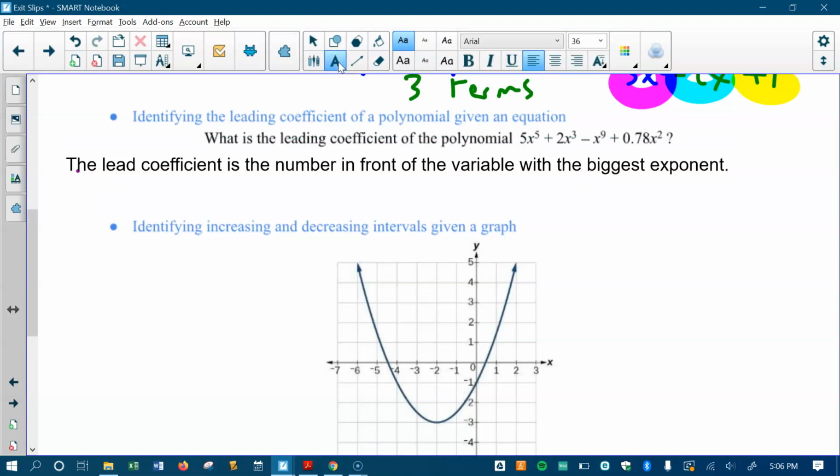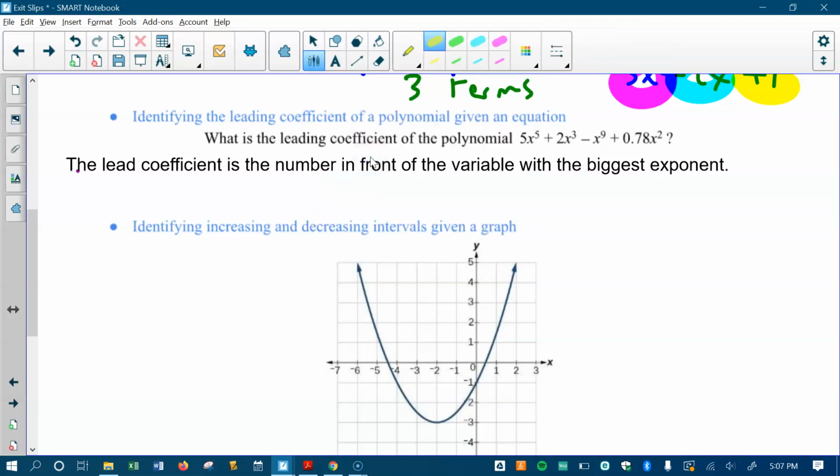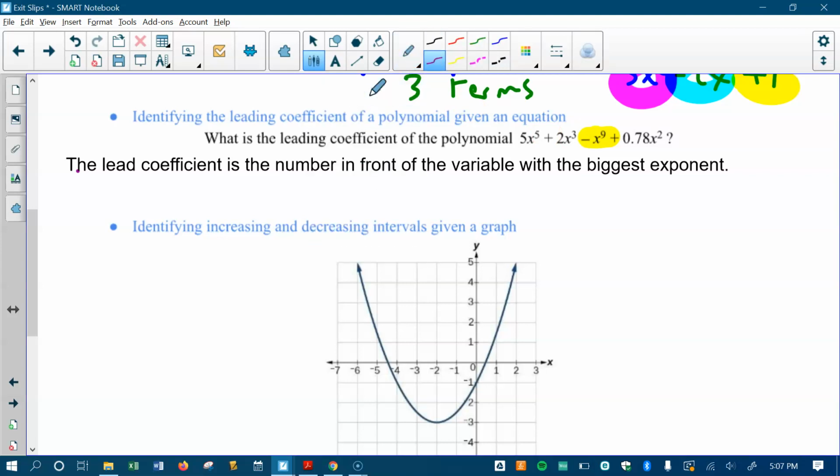If I look through here, I find the term with the biggest exponent, and that term is right here, negative x to the 9th. That 9 is bigger than everything else, and the number standing in front of it is a negative 1. So negative 1 is my lead coefficient.